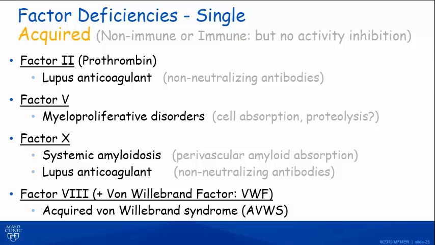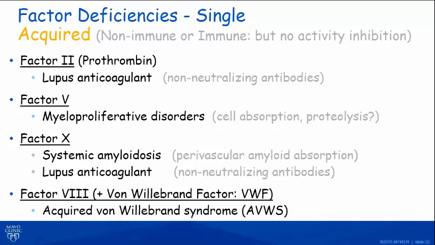Here are single factor deficiencies to think about. Factor 2 can be the target of a lupus anticoagulant and can be cleared by antigen-antibody complex clearance, non-neutralizing antibodies. Also, factor 10 can be the target of a lupus anticoagulant, immunoglobulin.